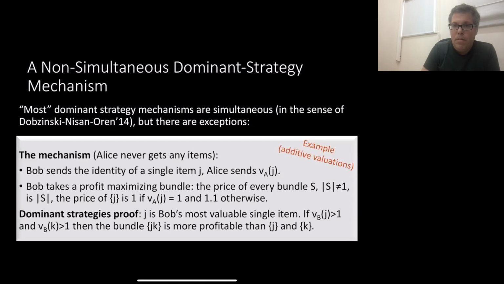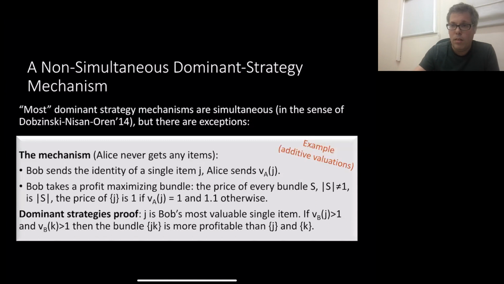So Bob sends a single item J. We can either take that item J at a price which is either 1 or 1.1 according to some function of the valuation of Alice, or we can take any bundle that is not of size 1 at the price of 1 for every item that he is taking.